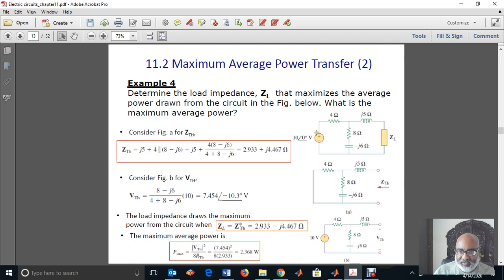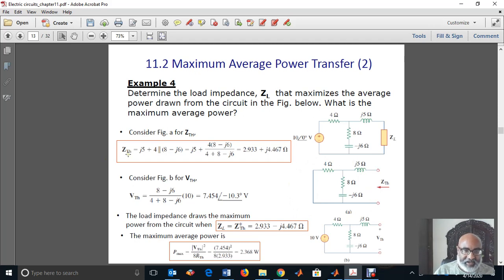So how do we find it? There is a source here, we short this source, and we disconnect the load and find the Thevenin impedance looking to the left. So we short it. What will it become now? 8 and minus j6 are in series, and that will be in parallel with 4 ohm. And then everything will be in series with j5.